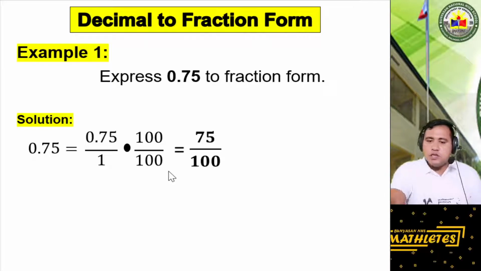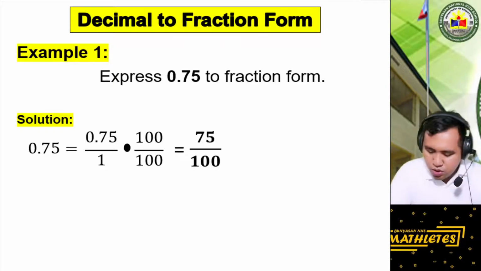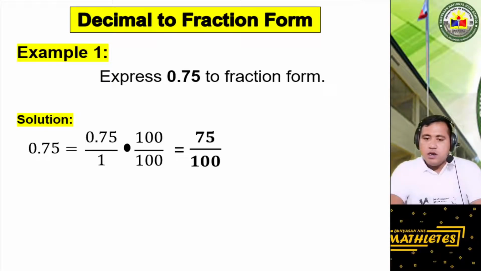That makes 75 over 100. 75 over 100 can be expressed in the lowest term, because our answer must be in the lowest term.